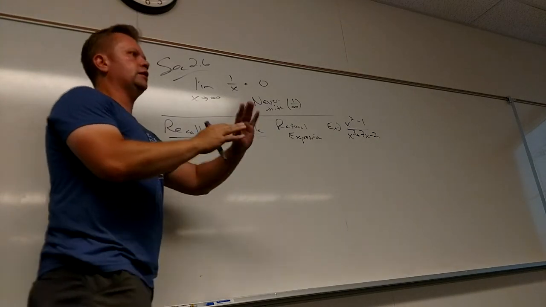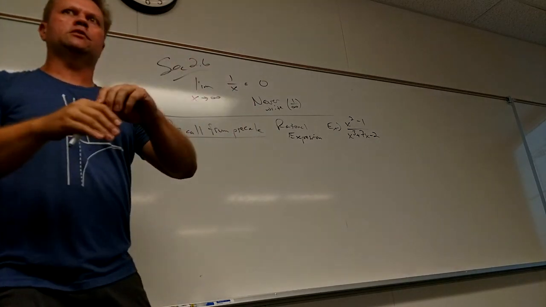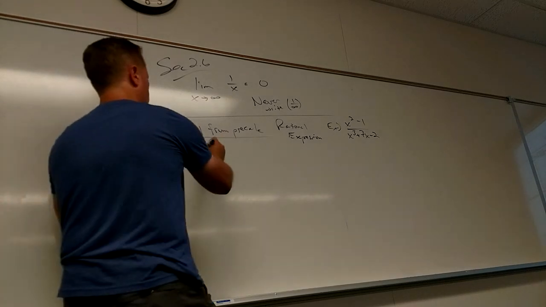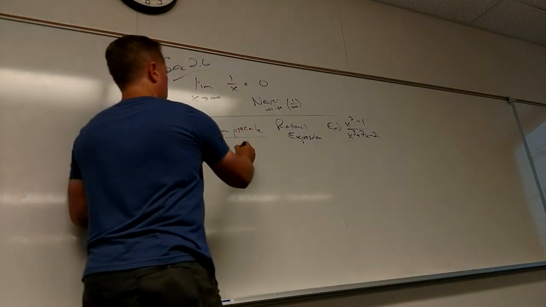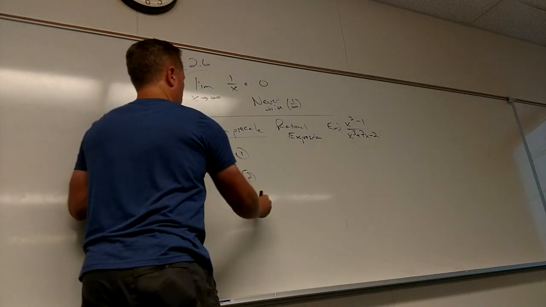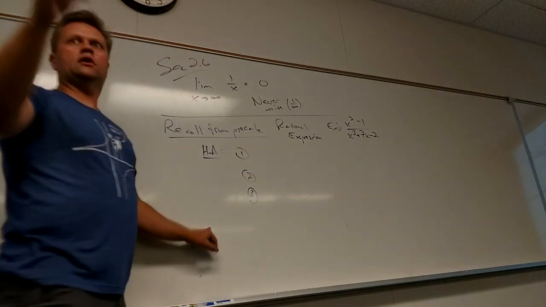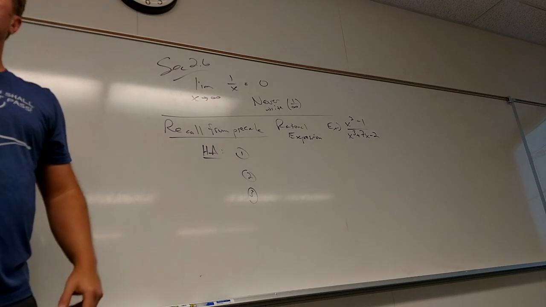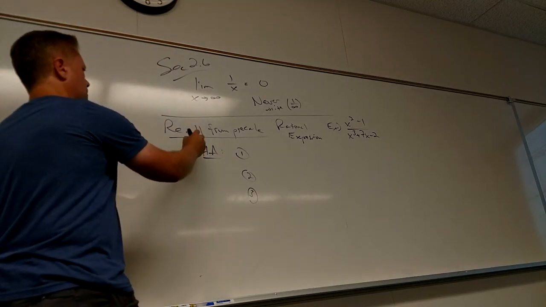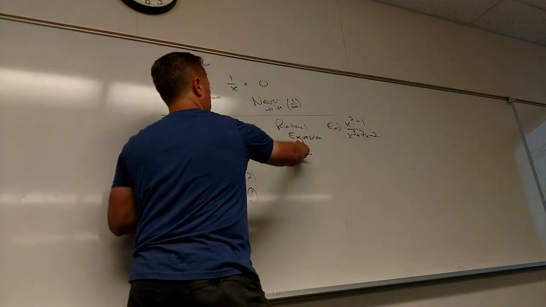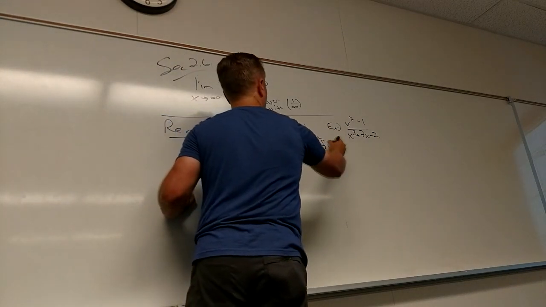What are the 3 cases for horizontal asymptotes? Does anybody remember? And then I'll remind you about the very rigorous way of doing each of these. Yeah. One of them is when the denominator has a higher power. So let's say that what we're dealing with has f of x over g of x.